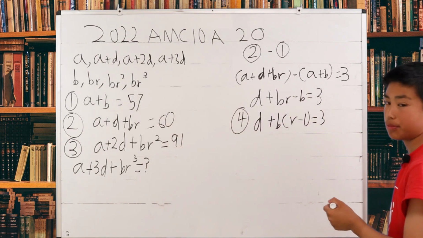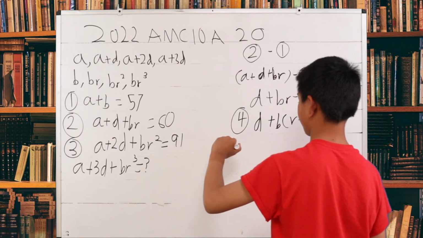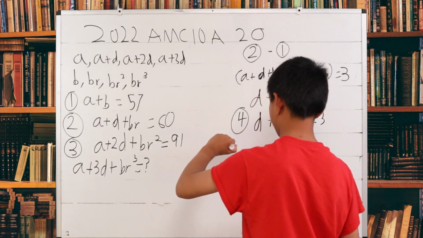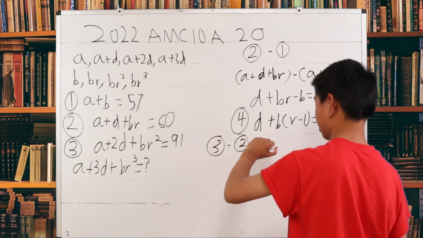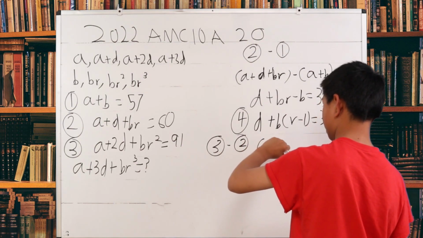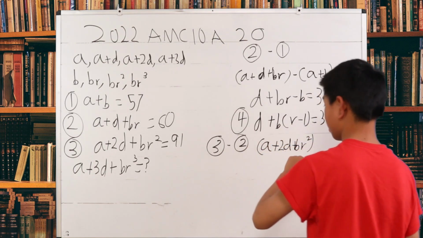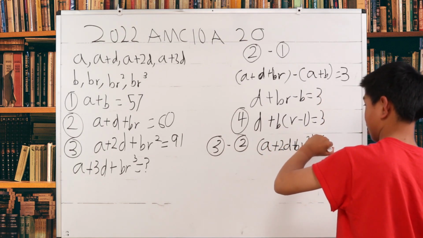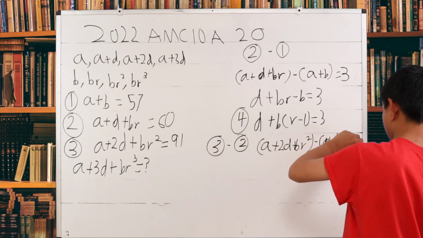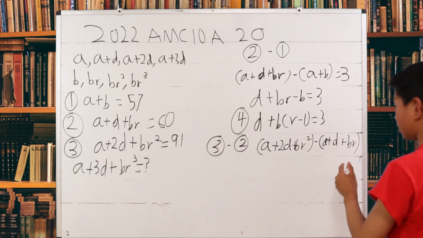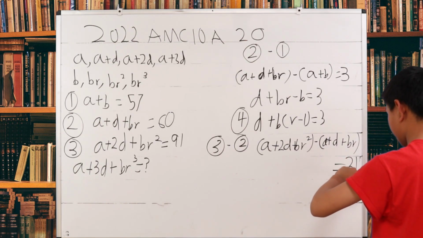And now we do the same to get a 5th one. So we do equation 3 minus equation 2. That is going to be equal to A plus 2D plus BR squared minus A plus D plus BR. This is just equal to 31.